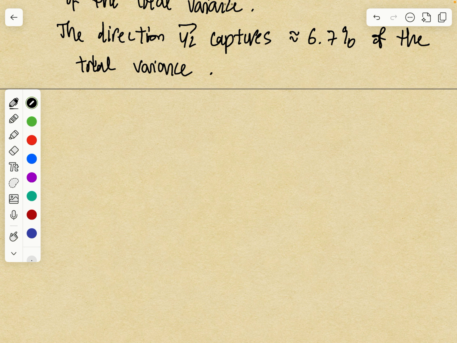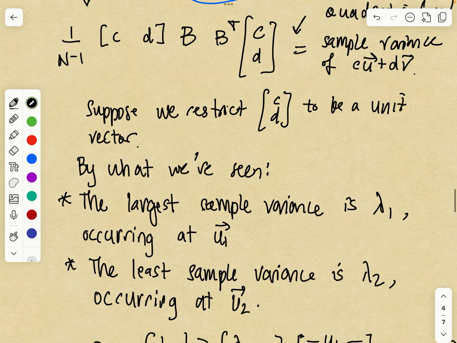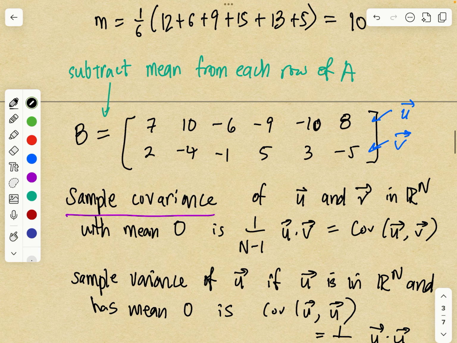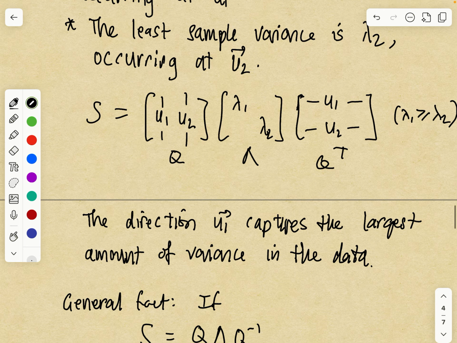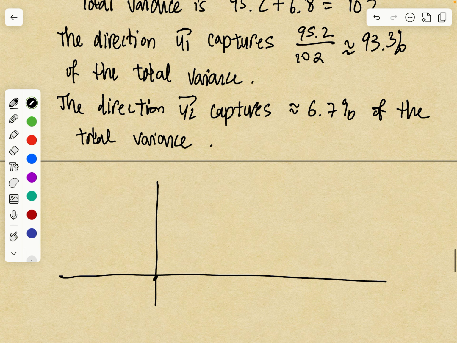So going back to our original data, if you center the data so that the mean of each row is 0, then you have these data points: 7, 2, 10, 4, negative 6, negative 1, negative 9, 5, negative 10, 3, 8, negative 5. These are your 6 data points. If you plot them, then it turns out that if you take the u1 direction, which is 0.95, negative 0.32, that's something like this.